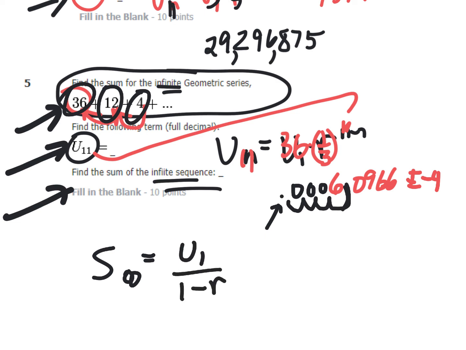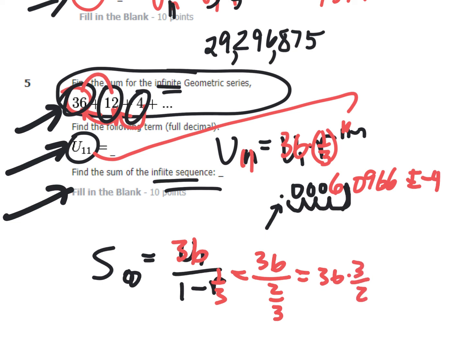U sub 1 starting term, 36. 1 minus r, the rate, 12 divided by 36, 1/3. So it's really 36 divided by 1 minus 1/3. I can do that in my head, it's 2/3. And then if you know anything about fractions over fractions, you know that's 36 times, flip it, 3 over 2.